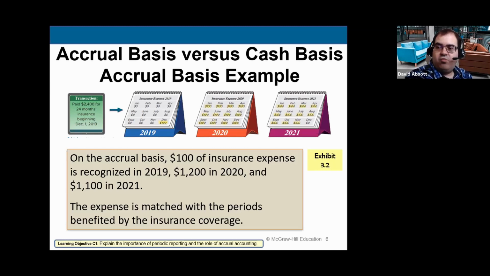And then in 2021, for January you're going to use 11 months of it. So you use 1 month of it in 2019, 12 months of it in 2020, 11 months of it in 2021. The expense is then matched to the periods that were benefited by that insurance coverage. So that's the accrual basis.